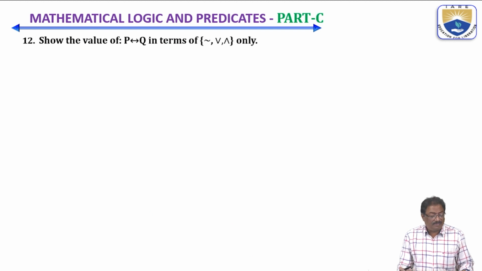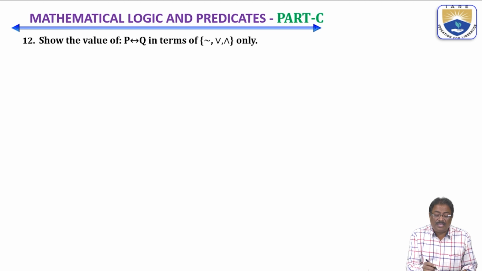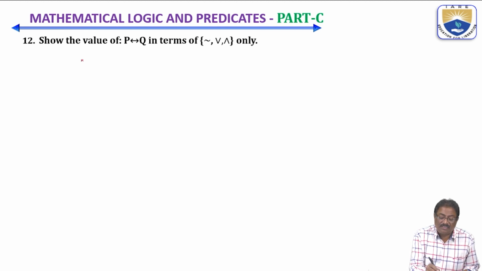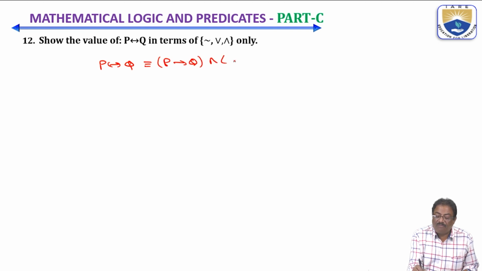And now another one: if you consider the biconditional, show the value of p biconditional q in terms of this. We take p biconditional q, which is equivalent to if p then q and if q then p.